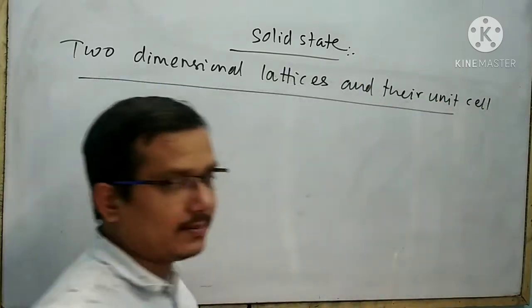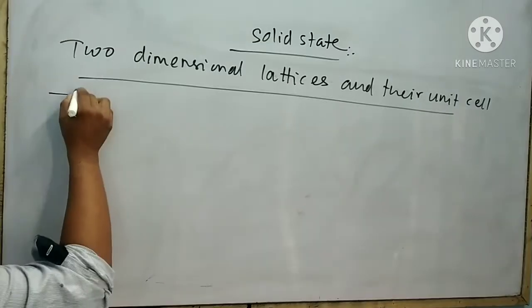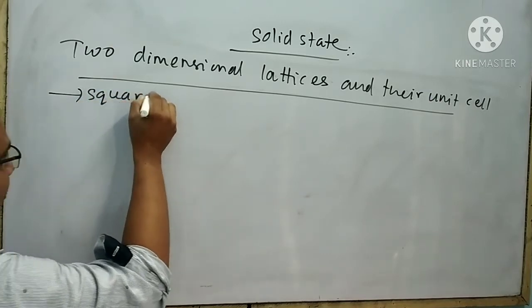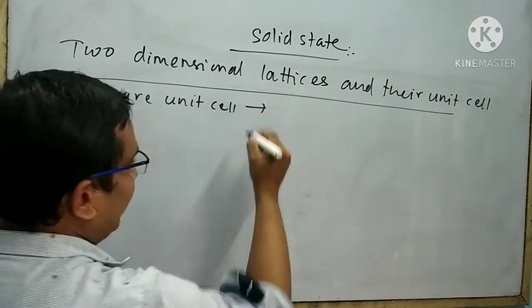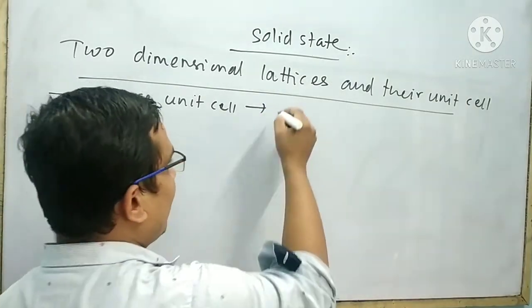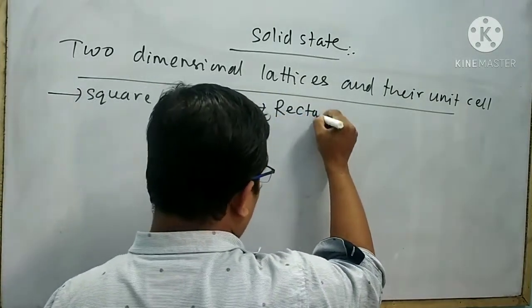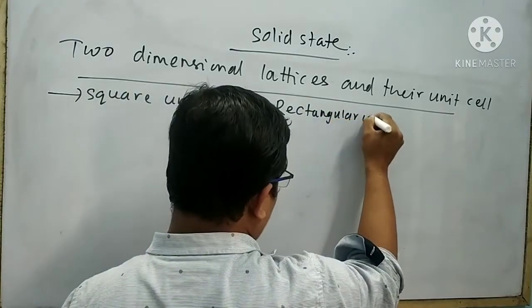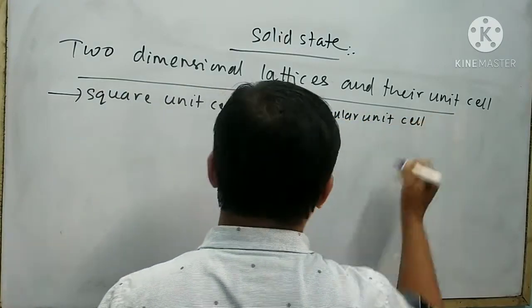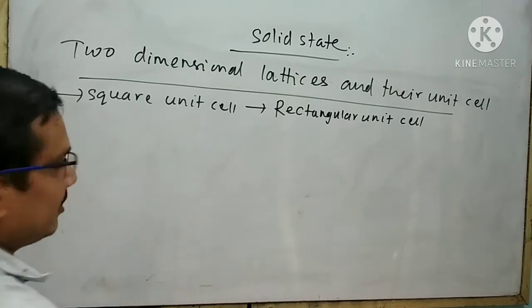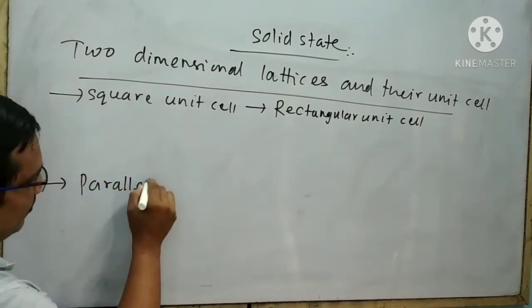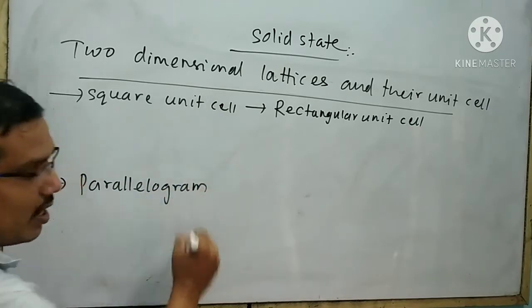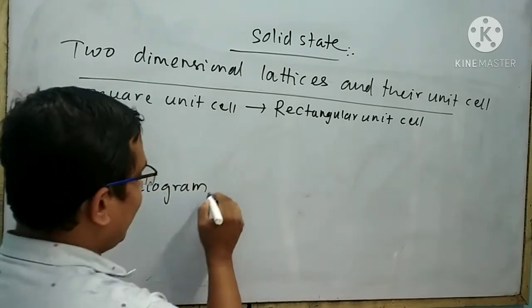These are different types. Number one is your square unit cell. Number two is rectangular unit cell. Next is parallelogram unit cell.